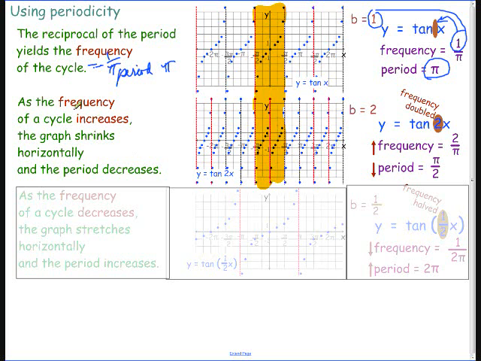So the frequency has increased, the graph has shrunk. It has shrunk, squeezed right in there. I can see twice as many cycles in the same window. And the period is now pi over 2. Frequency doubled, period is now pi over 2.